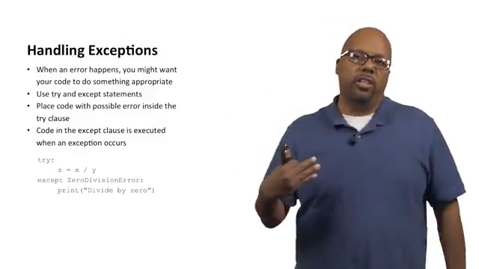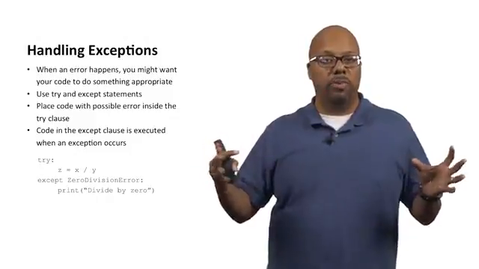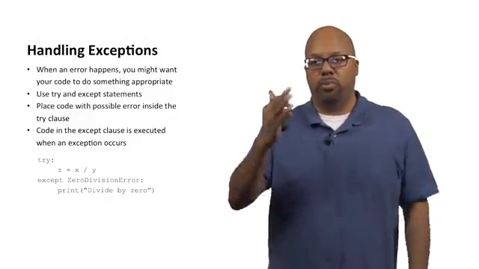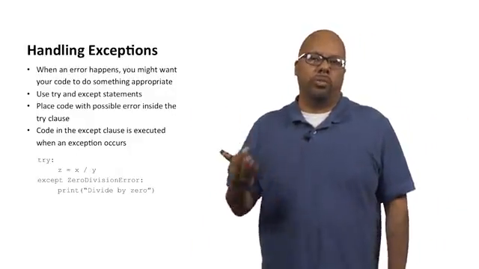Right after the try clause, I have my except clause: except ZeroDivisionError. So if a ZeroDivisionError happens, this except clause will be executed. And in the except clause, I just say print divide by 0. All this is really doing is reporting to me what the problem was.